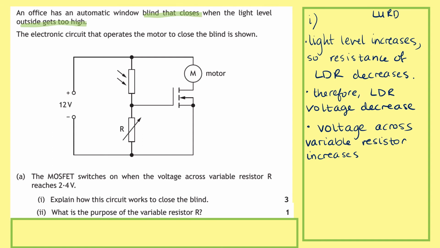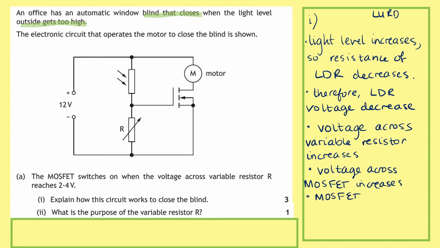If the voltage across the variable resistor increases, that means the voltage across the MOSFET must increase. And for our last little sentence, we can say because the voltage is increasing across here, the MOSFET turns on.